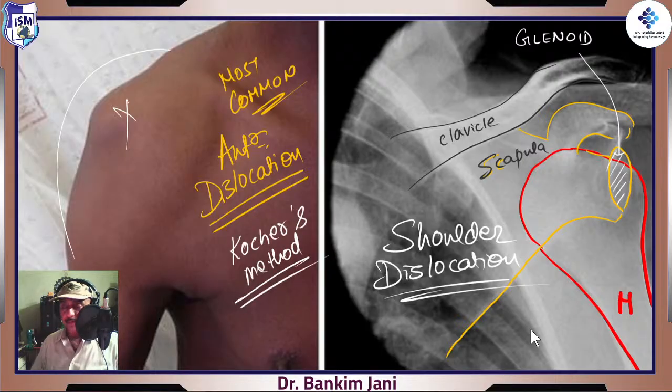Now this method is very old, maybe over 3000 years old, right? Even in those Egyptian pyramids, there are a few drawings quite similar to someone reducing a shoulder dislocation.